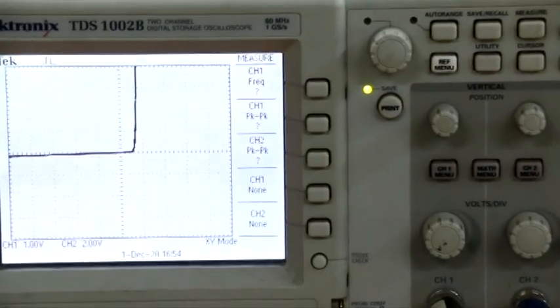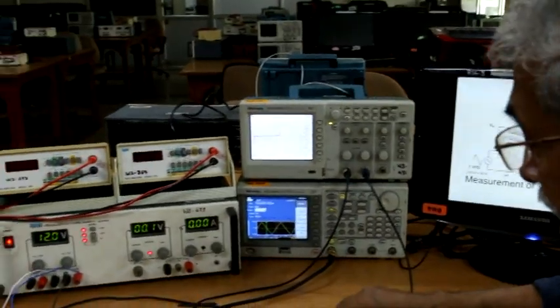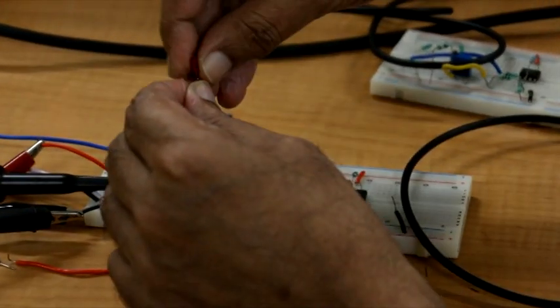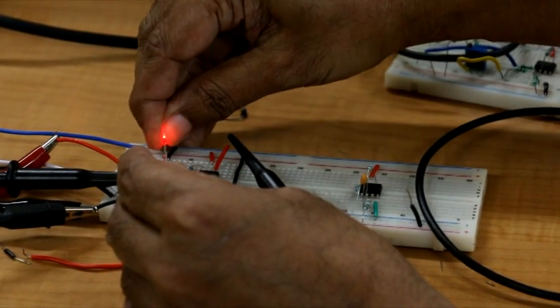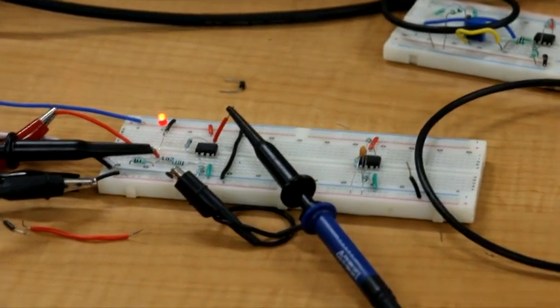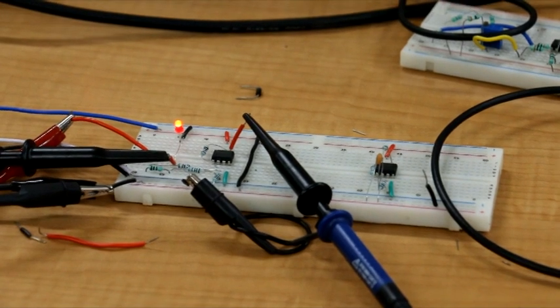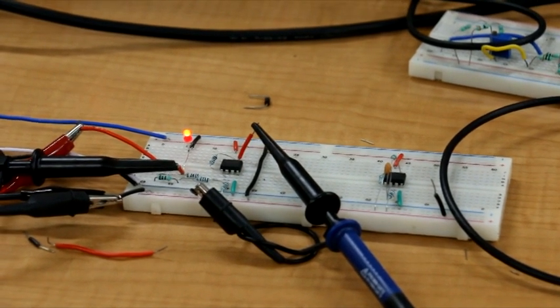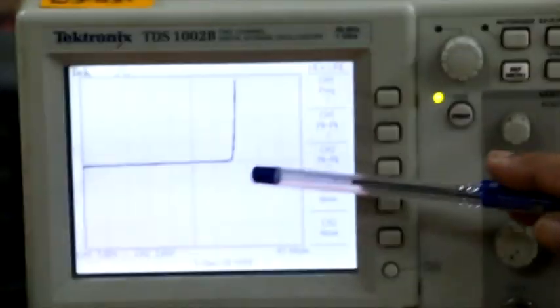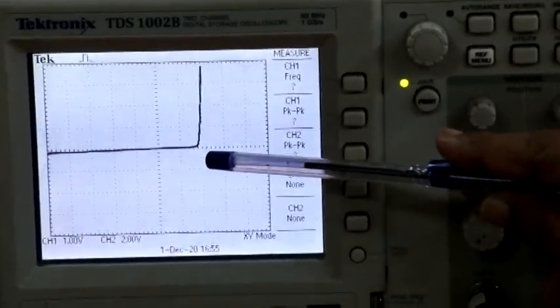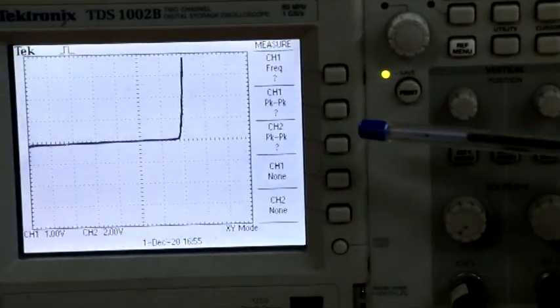Now what I am going to do is change this diode to an LED. You can see that the LED is now glowing, and the signal is 1 kilohertz, therefore you will not be able to see it blinking. Looking at the DSO, you can see once again the LED is conducting only during the positive half cycle, but look at the voltage at which it starts conducting.